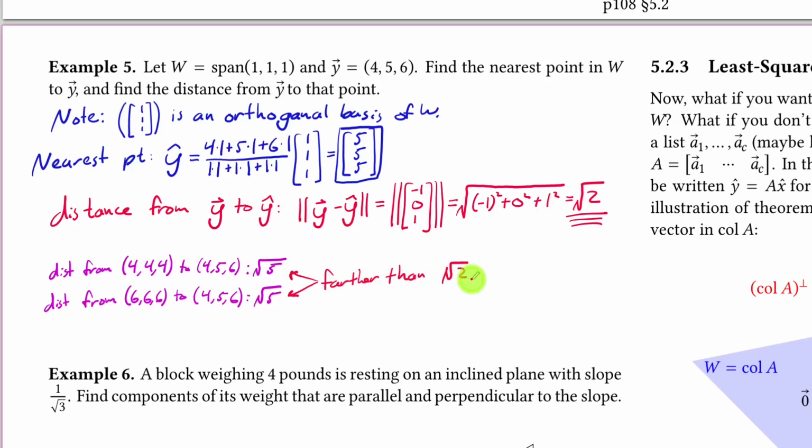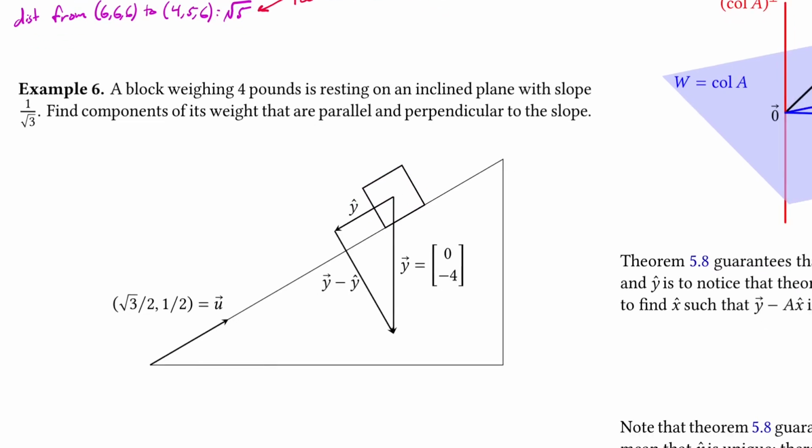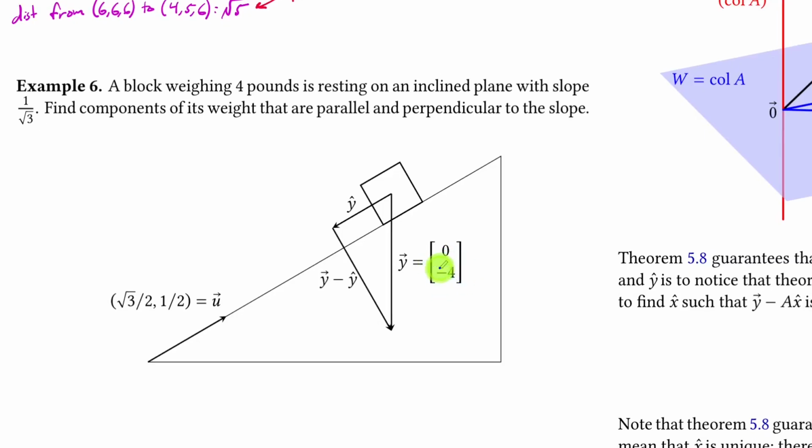Okay, let's look at example 6. Here we have a block that weighs 4 pounds, and we got the pictures set up already, so you don't have to draw the free body diagram yourself. We're setting up the coordinate system, so when x2 is a negative number, it means that's downward.